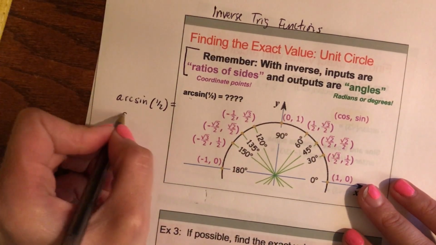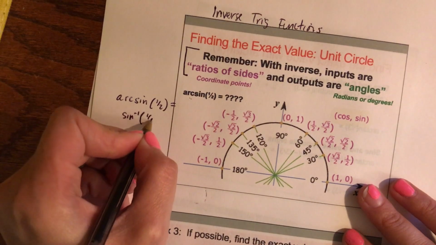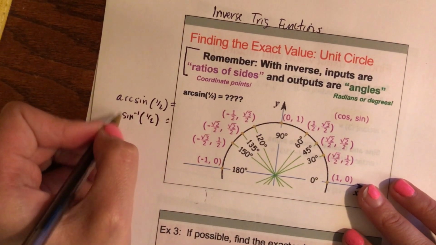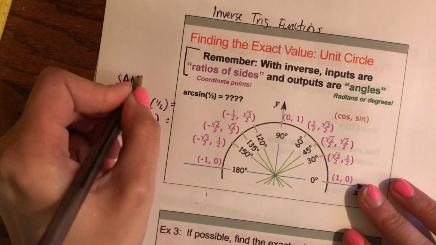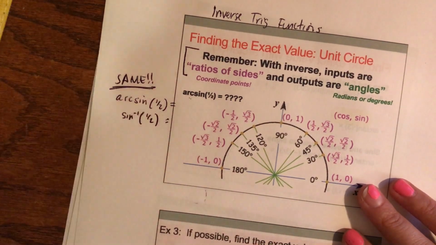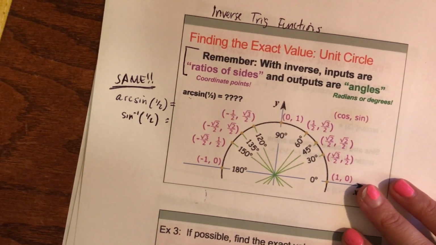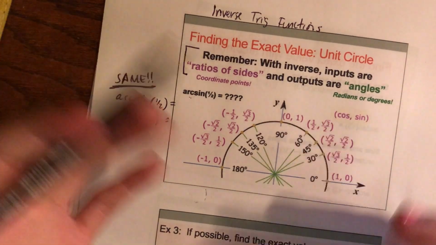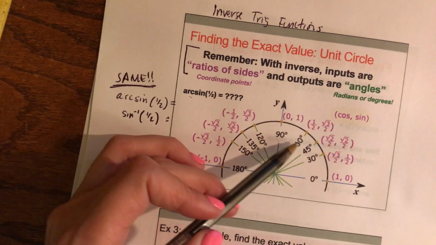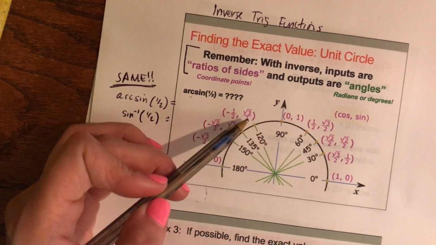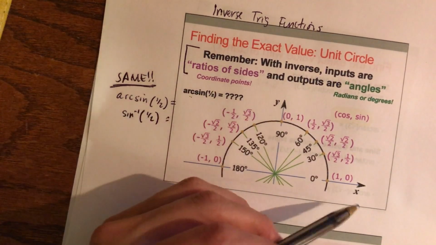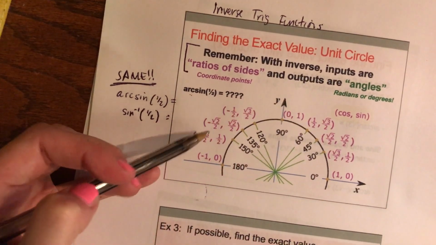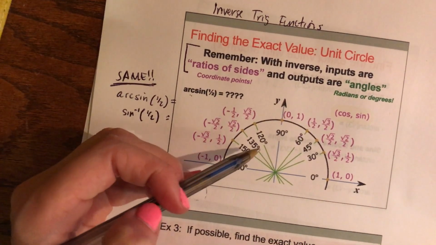Okay. Another way of seeing this could be the inverse sine of 1/2. These are the exact same thing. Okay. Now, essentially what we're doing is we're using the unit circle in a similar way, except we're doing it in the other direction. So instead of looking at the angle and trying to figure out a ratio of sides, what we're doing is we're putting in a ratio of sides and looking for an angle.